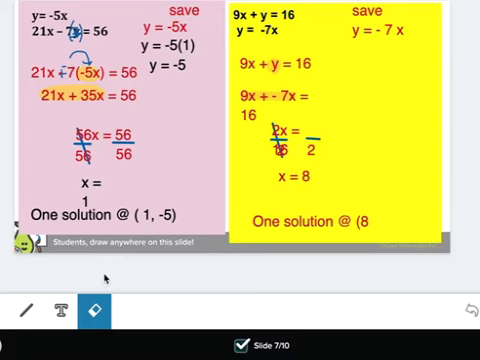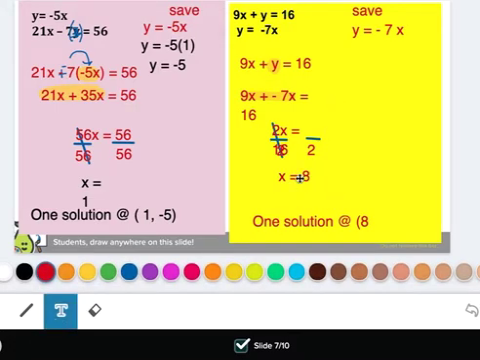Finish this, so you're going to take this 8 and substitute it into the x. I'll put it in black so you can see better. Put it into the x right there. So you have y equals -7 times that 8, and the answer is -56.